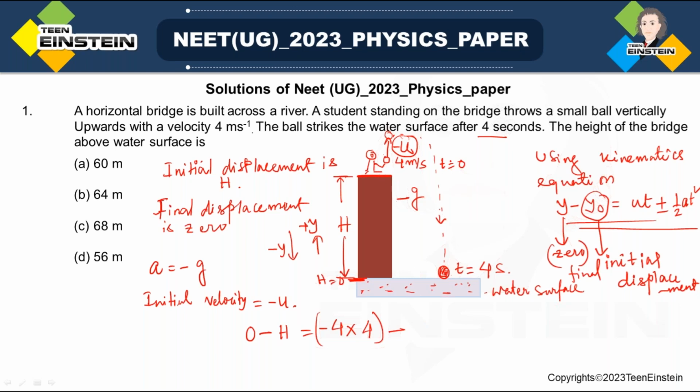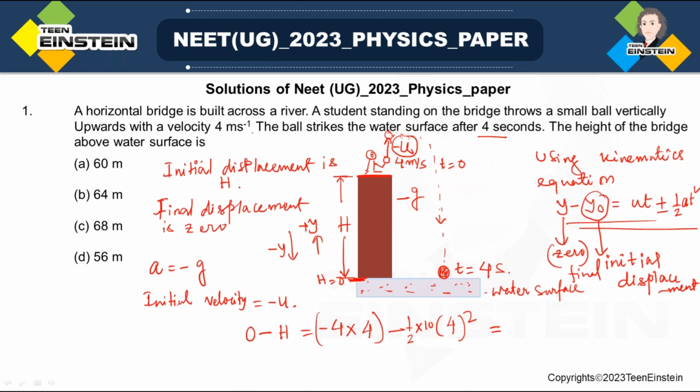I'm considering the whole motion starting from this point, so I'm taking acceleration by default negative. So this is g with half and t square, t is 4 square, and here g we have to take as 10 meter per second square. Now look what I get here.